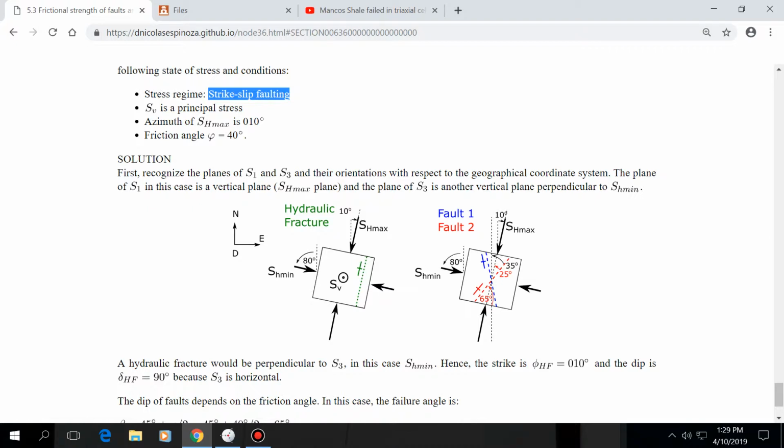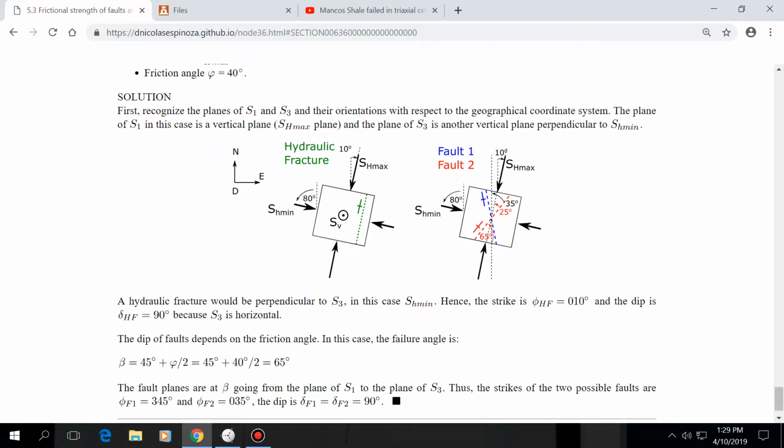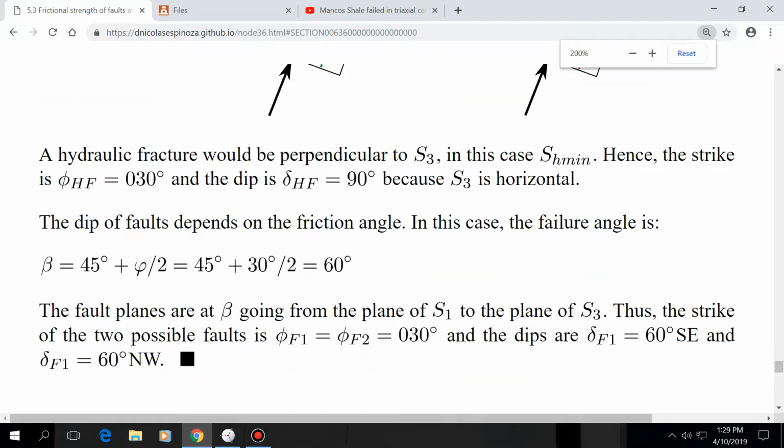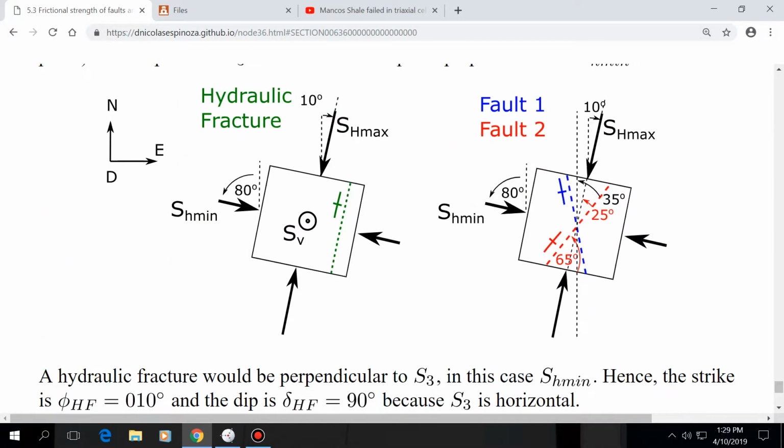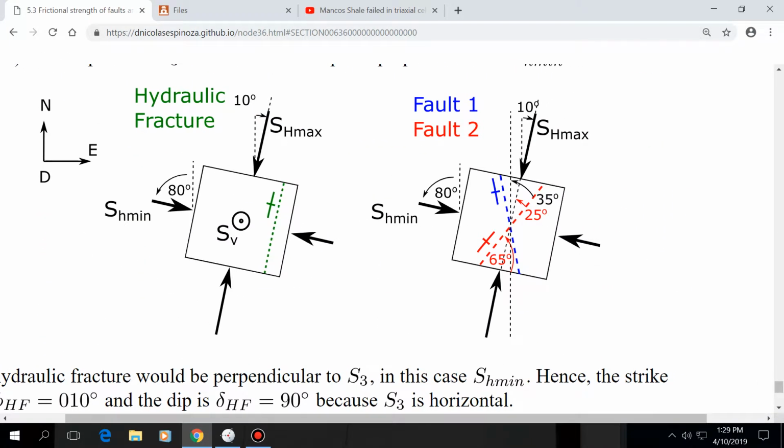And that angle comes from the friction angle. The friction angle in this case is 40 degrees. So the angle beta is 65 degrees. So 65 degrees is going to be the angle from the plane of sigma 1 to the plane of the fracture. Either this one or that one is also 65 degrees.